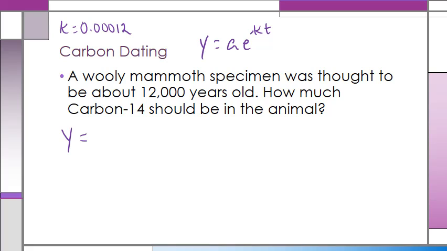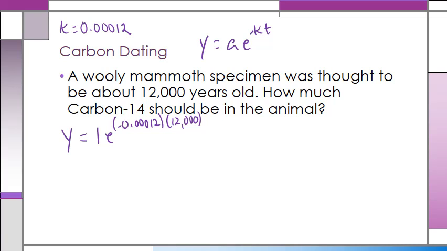Now, what should we put in for a? Well, if a is represented in terms of percent, then 100% is where we start. And we can just say that a is equal to 1 times e raised to the power of negative k, which negative k is equal to 0.00012, and our time we're given is 12,000.